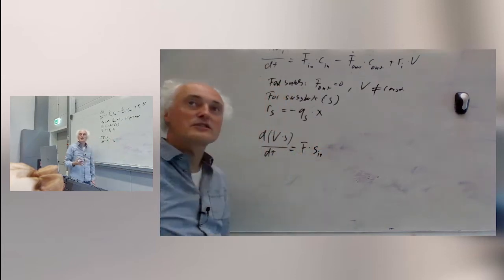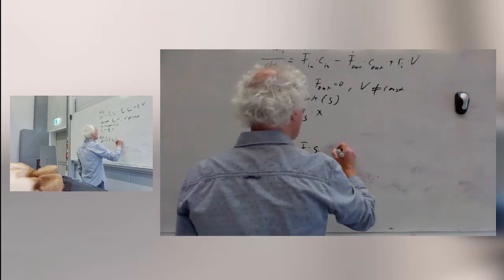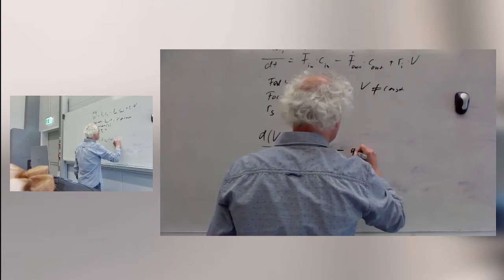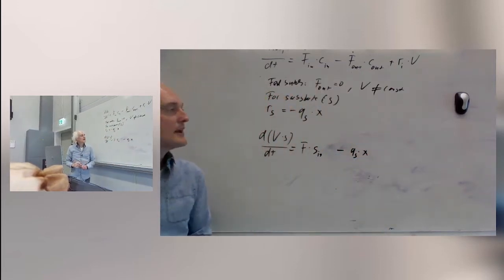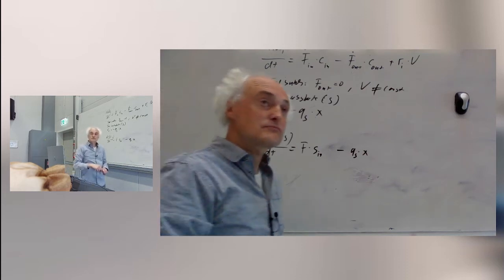So that's the substrate concentration in the in stream. Plus, minus, put directly this equation here, minus Qs times X. So this is our differential equation for the substrate in a fed batch process.